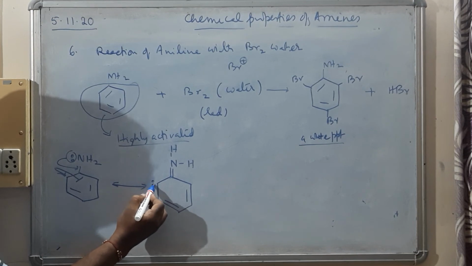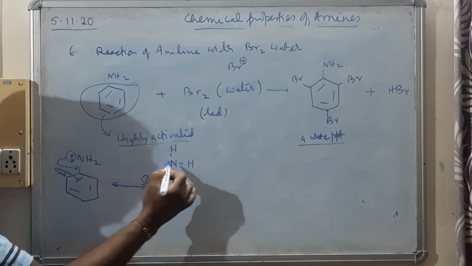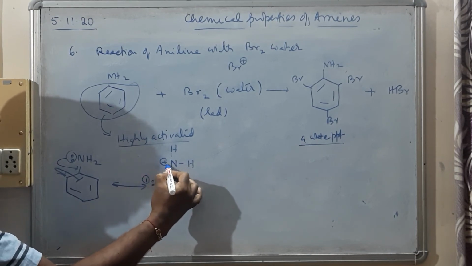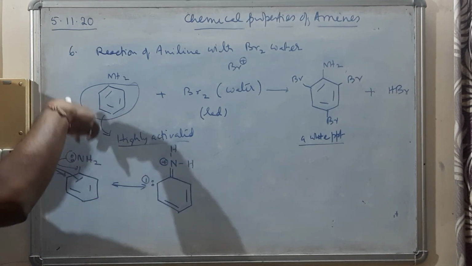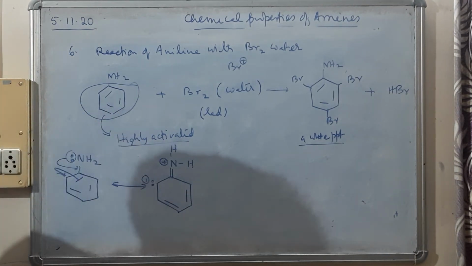So here 2 electrons come, that's going to be negatively charged. This nitrogen atom will be positively charged. So you see there is a flow of electrons into the ring, and the ring is getting activated.